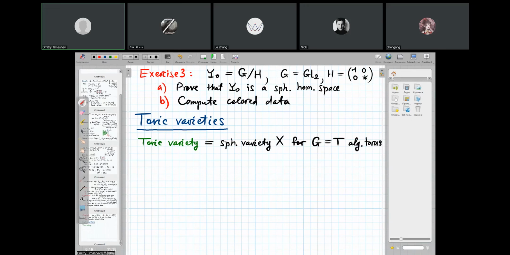Let me start with the open orbit, which I denote as usual by Y0. It is an orbit for the torus T, an orbit of some point, say y0, and therefore it can be described as a quotient space T over the stabilizer of y0.